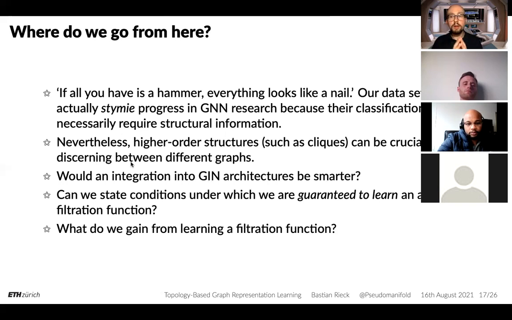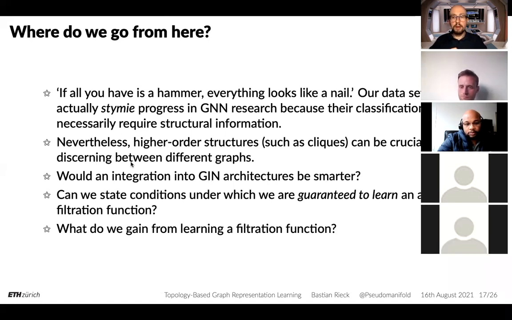And this turned out to be really crucial in improving classification performance. Of course, the question for us is that maybe we should integrate this now into GIN architectures instead, because the GIN is actually known to be quite good in performing classifications. And so maybe this would be the natural comparison partners here.